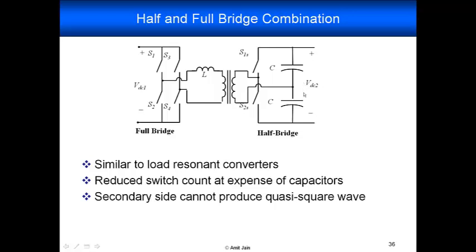So here we are essentially replacing switches and adding capacitors, and we are losing some flexibility also. So now with the half bridge we can only impress a square wave at this winding. We cannot get a quasi square wave, so we'll lose PWM control flexibility on the side that we replace with a half bridge, but we'll save on the number of active devices.